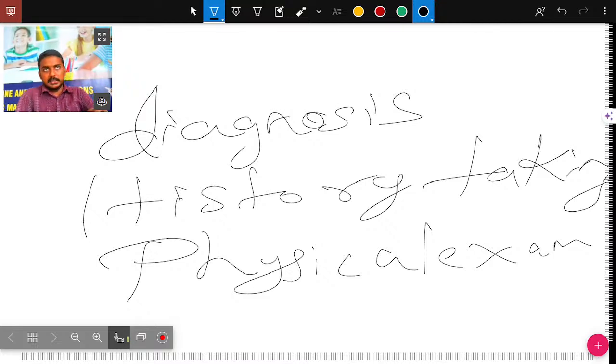Some tests are common for any type of anemia, but some tests are specific for hemolytic anemia, megaloblastic anemia, or iron deficiency anemia. So the main idea is differentiating the importance of these tests in certain diseases. If you have that idea, you will know the concept of all these diseases.